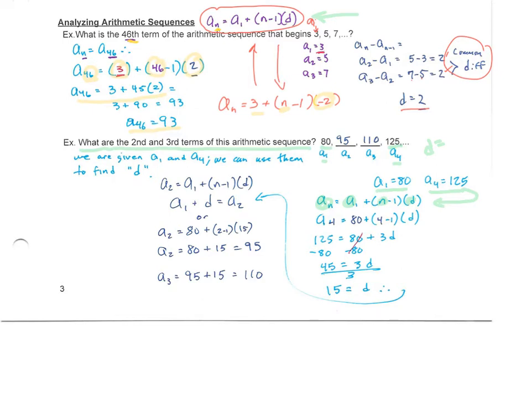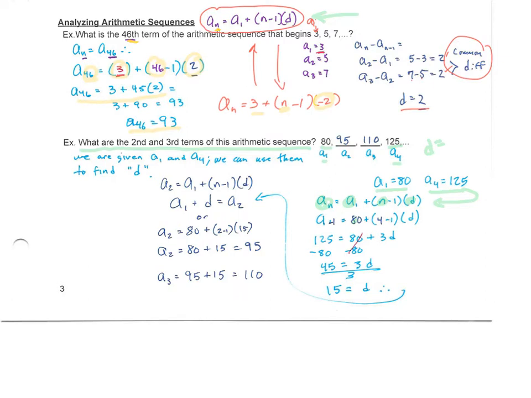But if I replace a_4 and I replace a_1, I'm able to calculate that. So a_4, n becomes 4, equals 80 plus, again replacing a_1 with 80, and then n was 4 minus 1 times d.